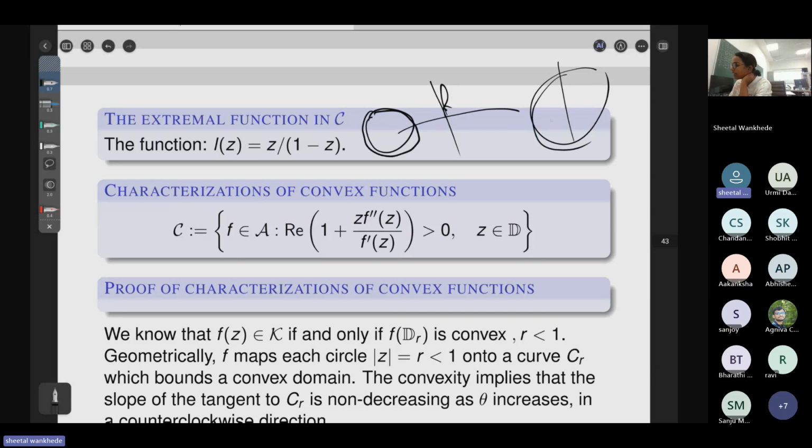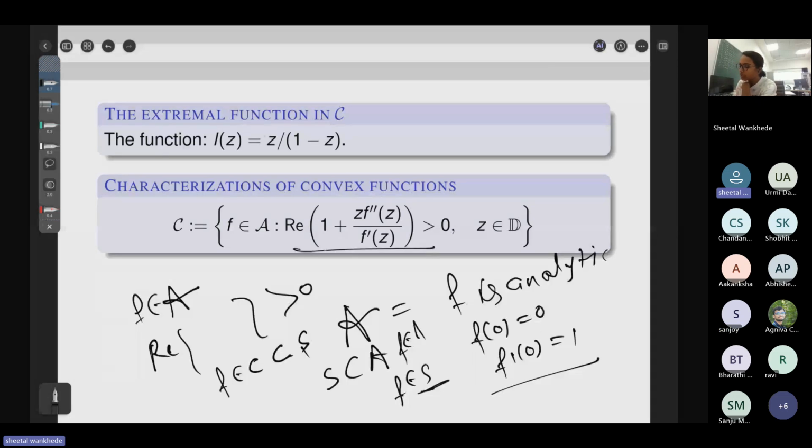So automatically they come univalent and the domain shape is convex. So that's why when we prove this characterization, we are choosing from functions only analytic and this. In the proof, I'll tell you.